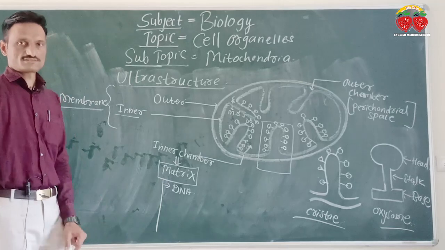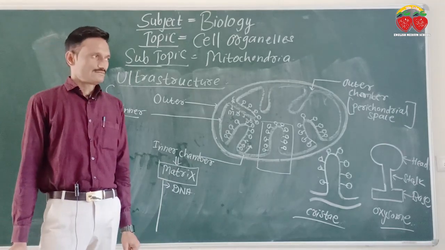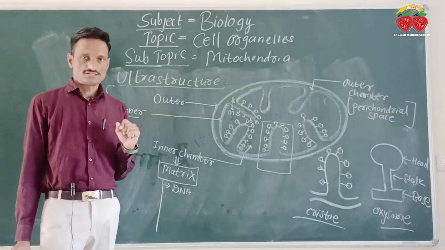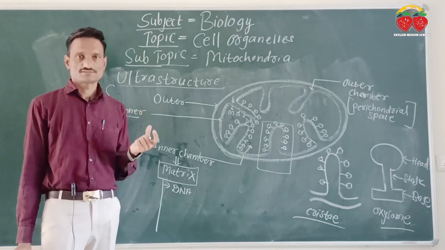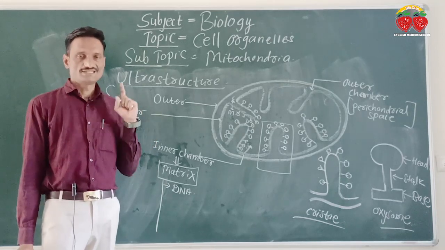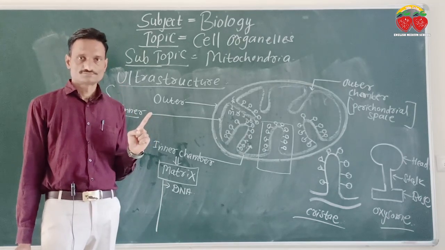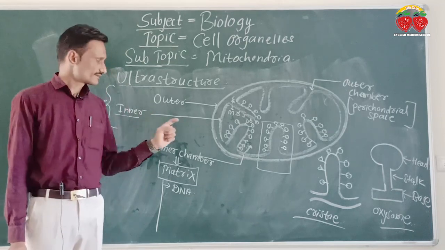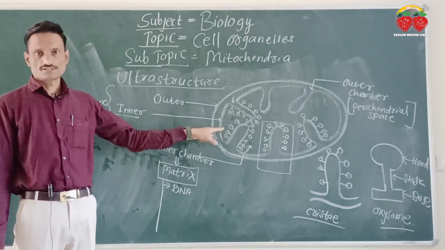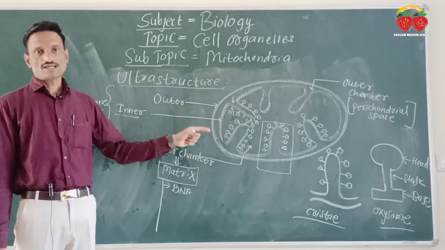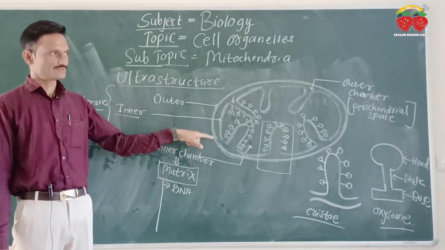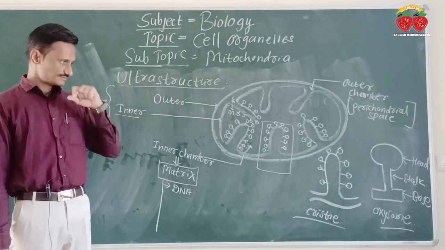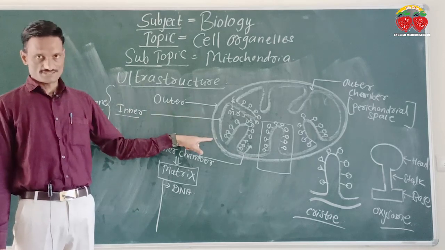In the eukaryotic cell, only two cell organelles apart from the nucleus have their own DNA. One is the chloroplast in the case of plant cells, and the second is the mitochondria. Only these two organelles have their own DNA. That's why they are both well known as semi-autonomous cell organelles.